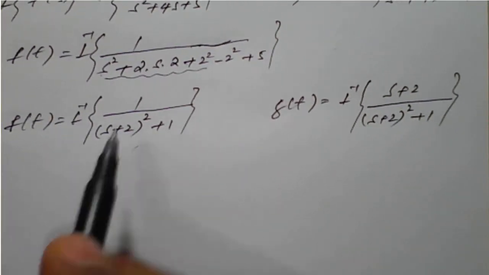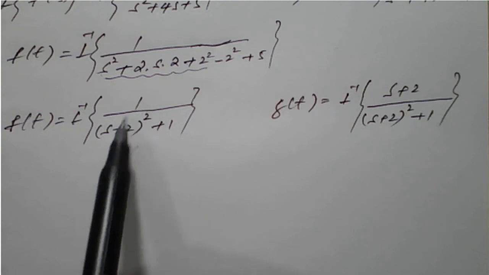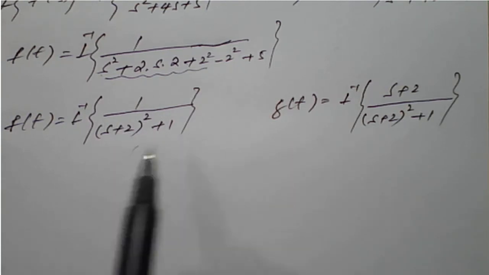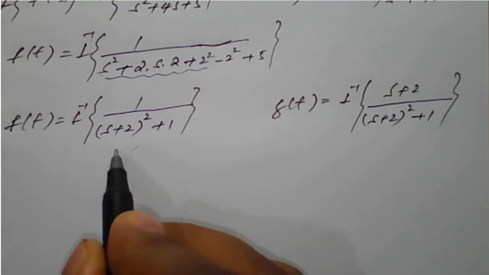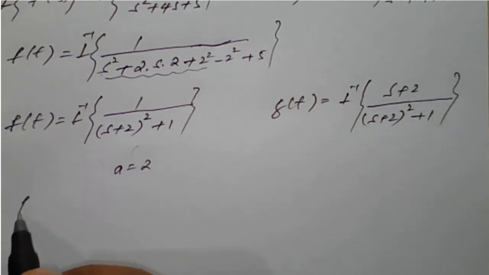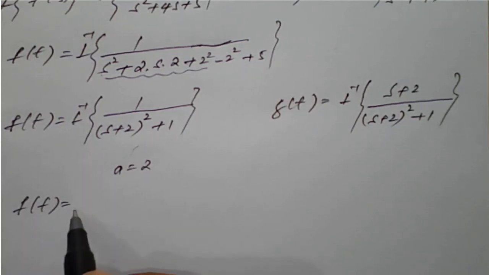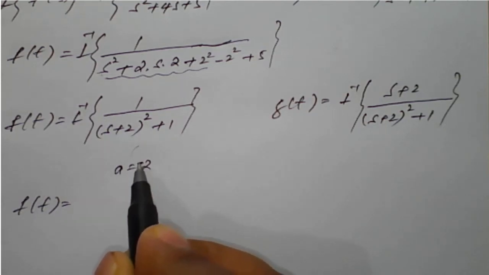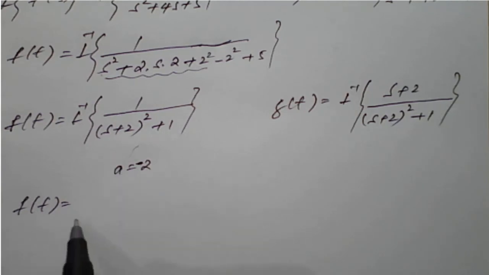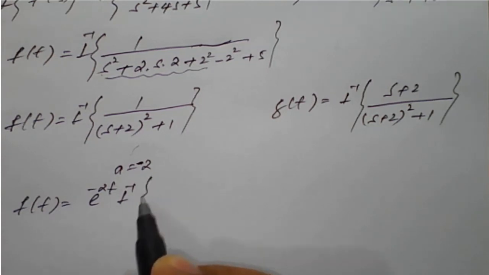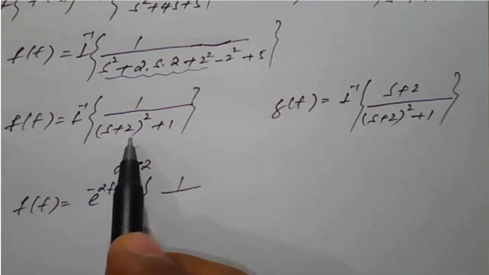Now this is of the standard form, so we need to apply the first shifting property of inverse Laplace transform. Here the value of a is 2, so it becomes −2. Therefore f(t) is equal to e^(−2t) times inverse Laplace of 1 upon s² + 1, with s + 2 replaced by s.